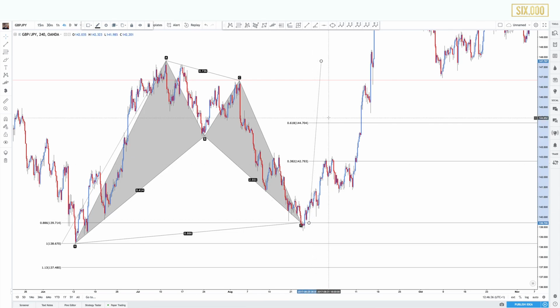Now, one thing to note about the take profit levels when you're measuring them, if price exceeds D, which we can see here, and if I just highlight this with the trendline tool, this is the lowest point before we got any type of reversal.